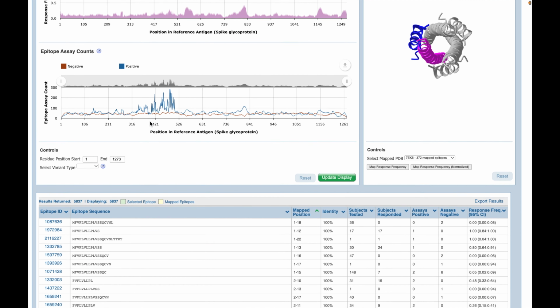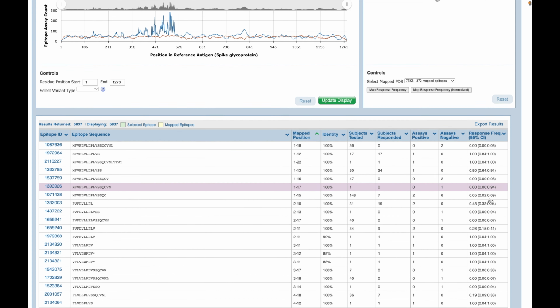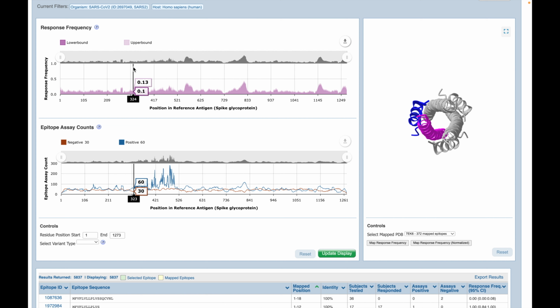So going back down here, we see subjects tested, subjects responded, and then we have response frequency. This information just allows us to correct for the sample size. It shows a range of possible values that will contain the real response frequency value 95% of the time.